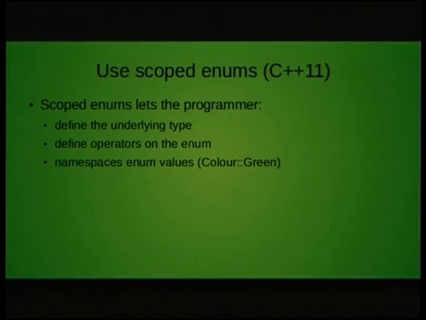You can declare the underlying base type that the enum uses. You can declare your own operators on the enum. And most importantly, all your enum values are now namespaced based on the name of the enum itself. So if you've got an enum called color, then you can disambiguate it in your code by going color::green. So if you've got a color enum and a RGB enum, then you can differentiate the two like that.